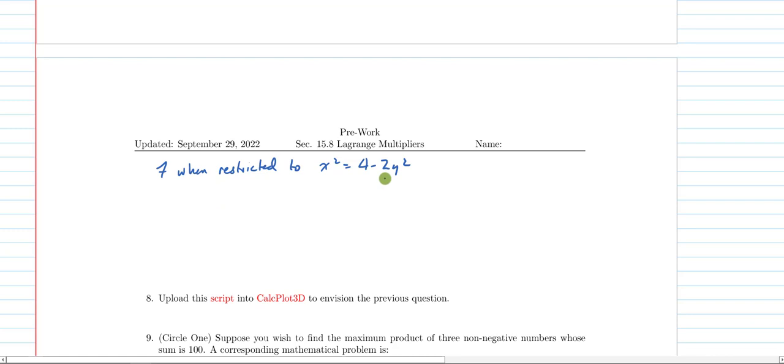F when restricted to this constraint has a global max at, and then those were 0 comma the square root of 2 and 0 comma minus the square root of 2, with the max value being 2.